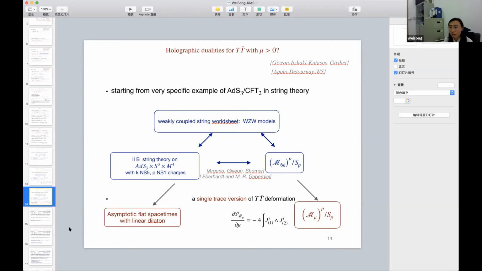Then one can ask what happens in the other two corners. The space-time would be deformed to an asymptotically flat space with linear dilaton instead of still locally AdS space-time.